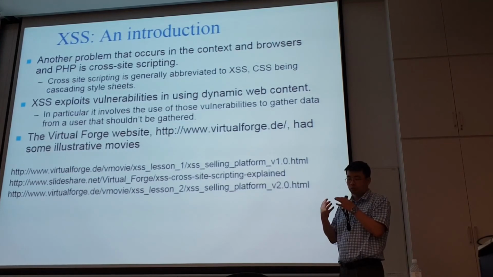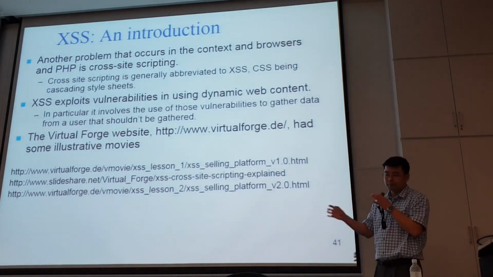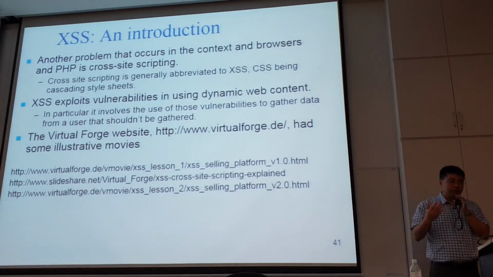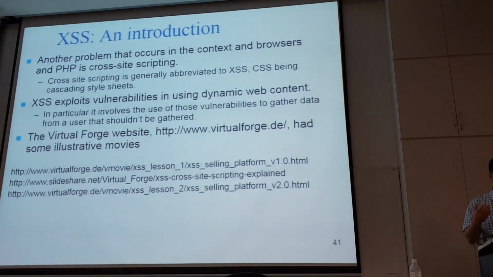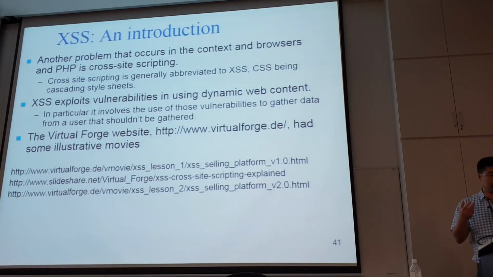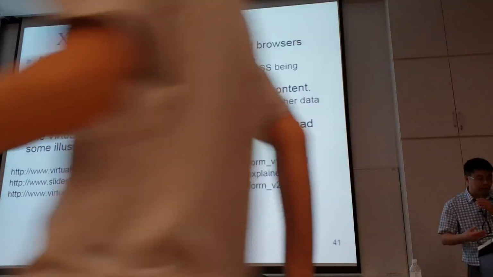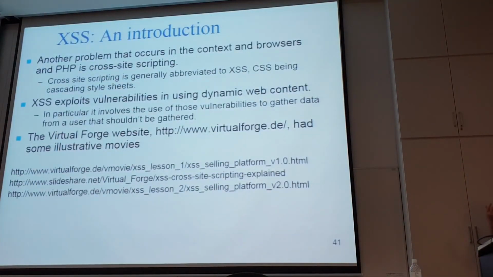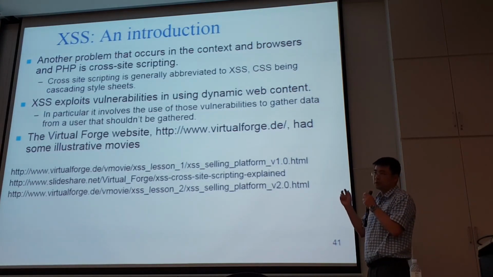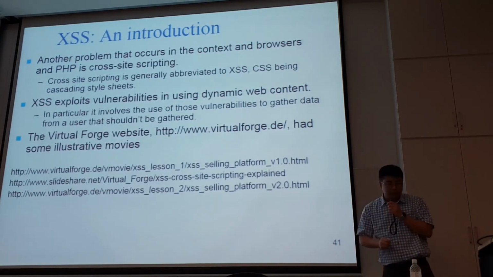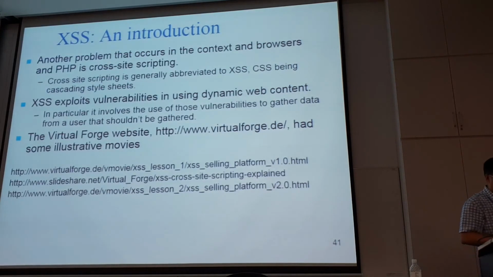The attacker can use the cookie to log into the server and modify the user information, or obtain confidential information like a credit card number, or even change the user password. So the attacker can use cross-site scripting to compromise the account of another user, right? So this is how this attack works.